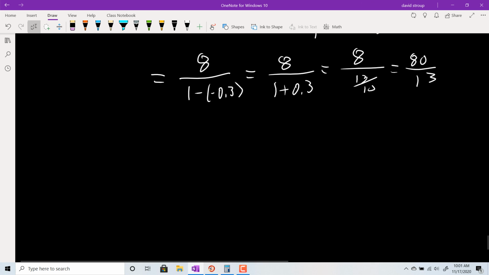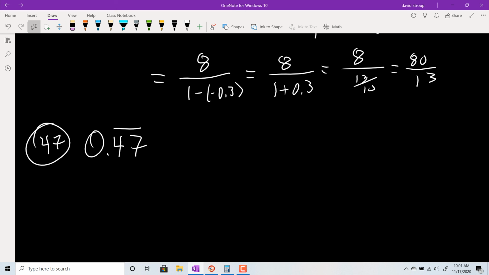Let's look at one more. So one cool thing about these is you can use them to figure out what is something like 0.47 repeating. Okay. So 0.47 repeating is a sum of a geometric sequence, believe it or not.